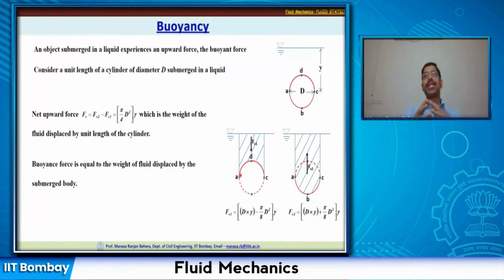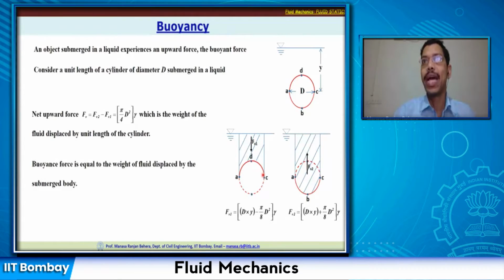We know that the total vertical force acting on a curved surface is equal to the weight of fluid standing on top of the curved surface up to the free surface. So to find the weight of this liquid mass, I will take this rectangle and subtract this semicircle, then I will get this area.